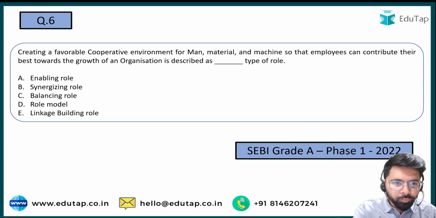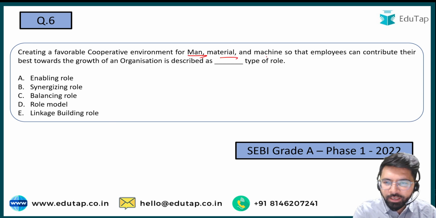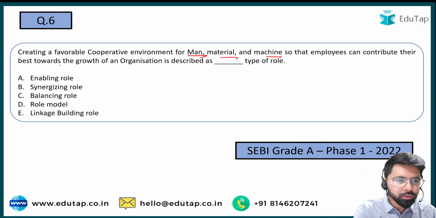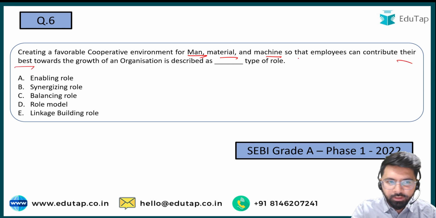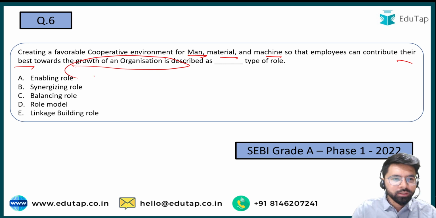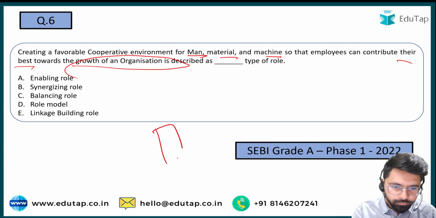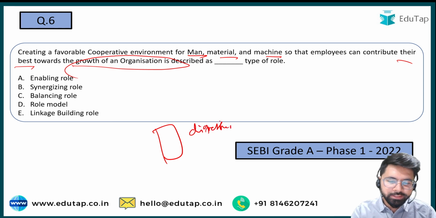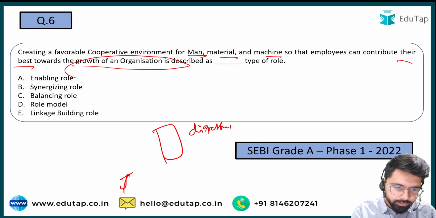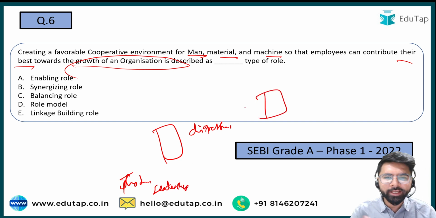Creating a favorable cooperative environment for man, material and machine so that employees can contribute their best towards the growth of an organization. See friends, first of all, in IBPS especially, the questions asked when it comes to management are deviating, digressing from the core subjects, that is core theories of motivation, leadership and other areas, and they are asking purely application based questions.